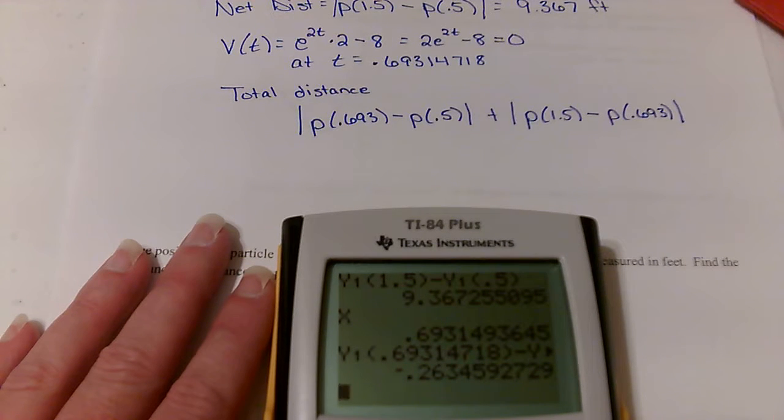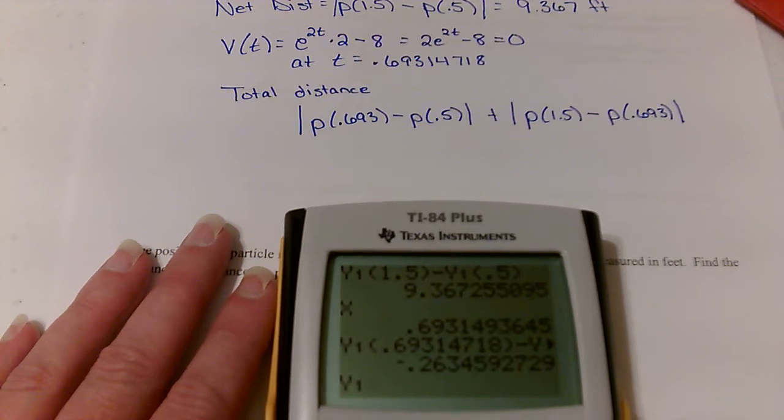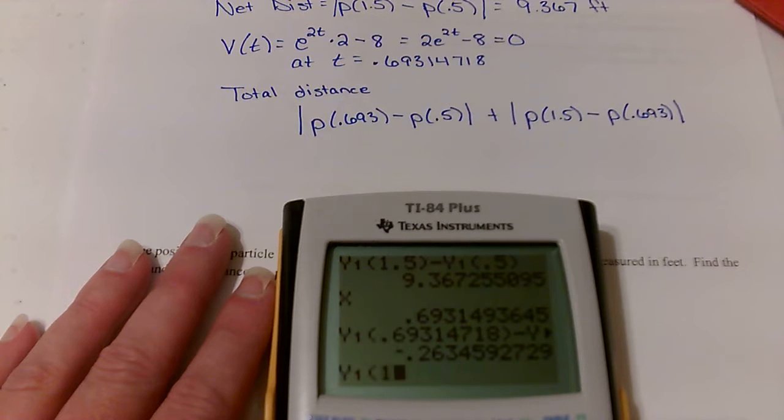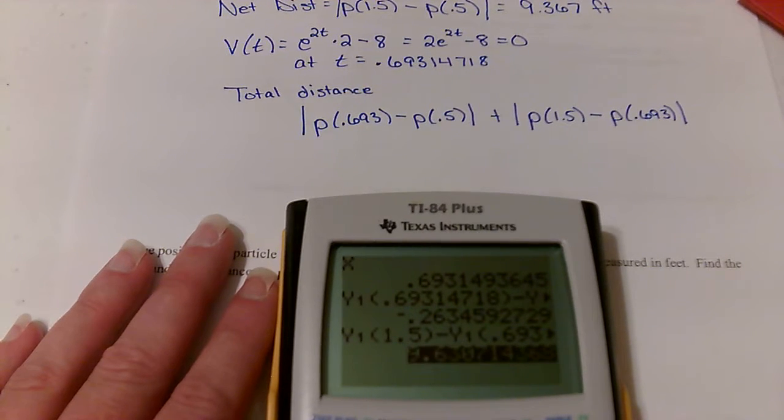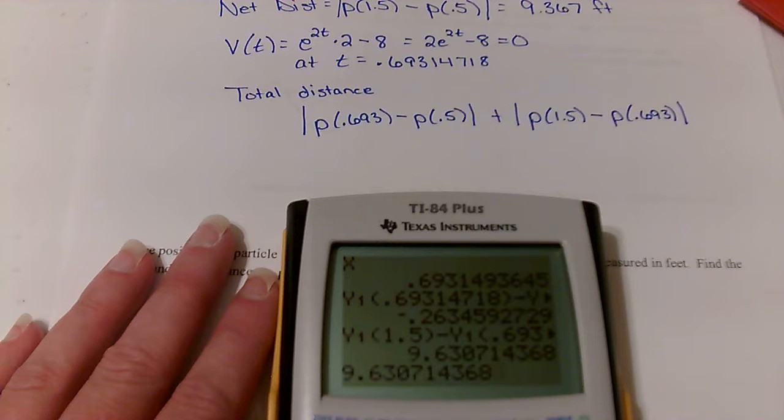And then we're going to need to find y1 at 1.5 minus y1 at 0.693147118. And I want to add those two together, but I want to add the positives, the absolute values.